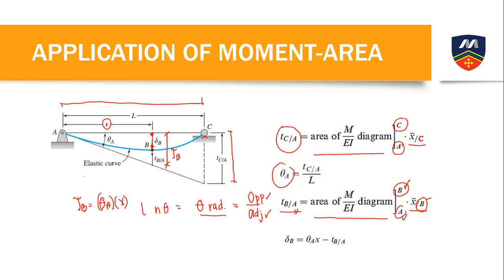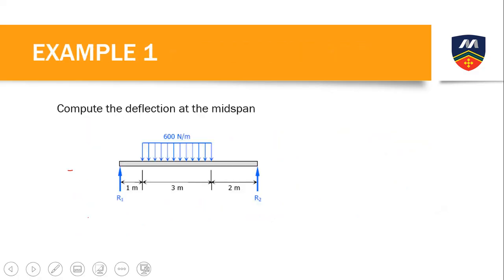So that is now your deviation at B. To compute the deflection of B, let's call it YB so our symbols are consistent, this is equal to the deviation at B minus the deviation of B relative to tangent line A. Okay, so we can get this distance. Okay, let's try to solve a problem.